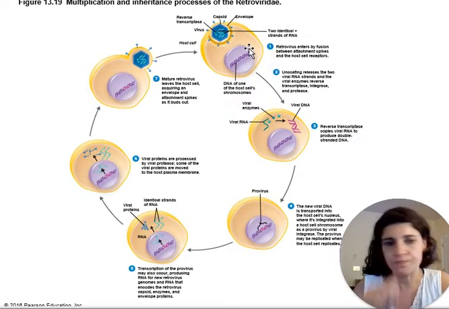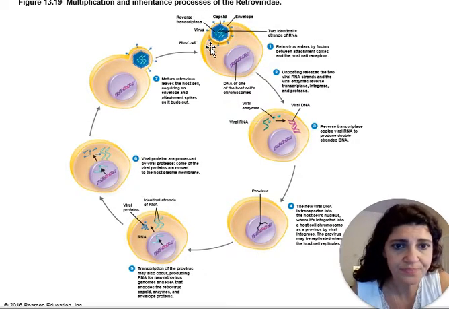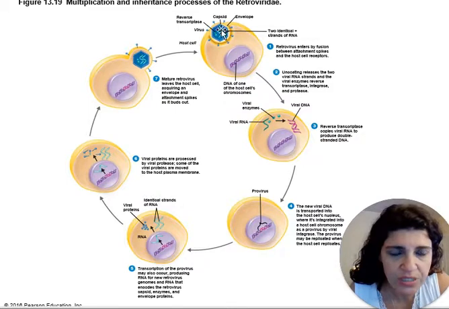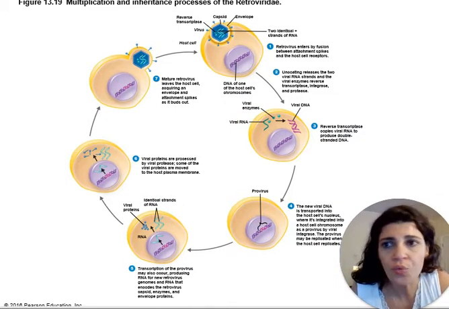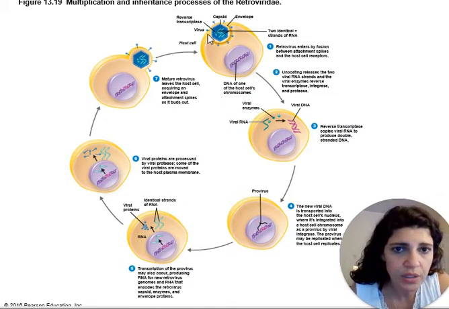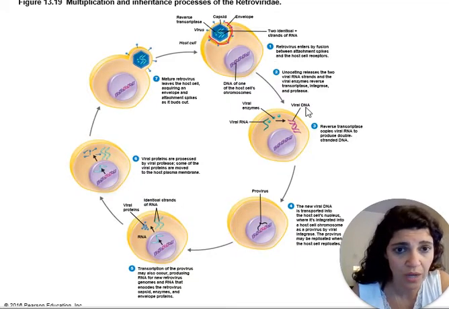So now we have, let me see where is number one here. So we start with virus being internalized by the animal cell, right? And then you have the viral RNA here.